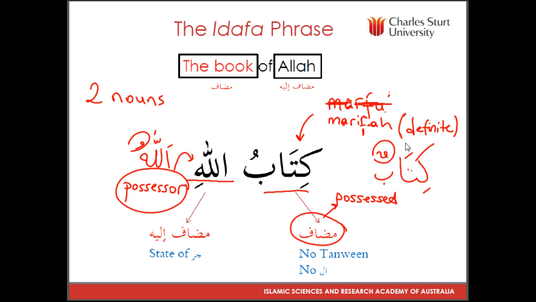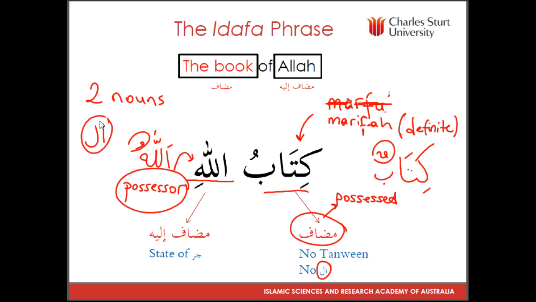But to make it definite, there was a rule. Remember last week? We said that we should add al at the beginning. But for this, why? What was the reason for that? To make it definite, yeah, that was the purpose.